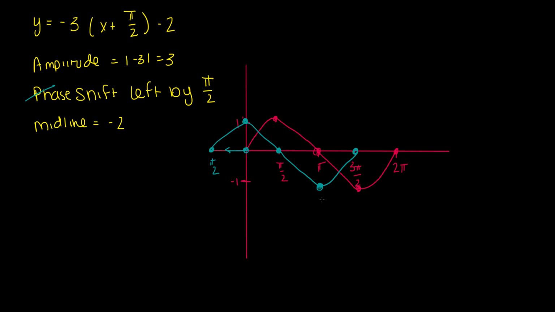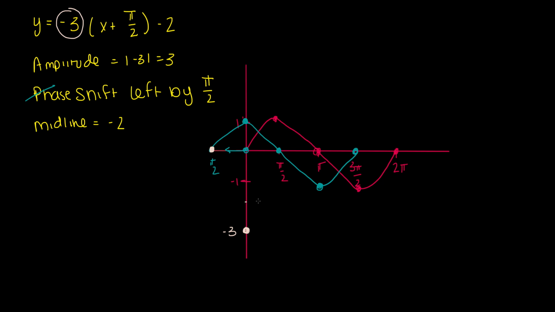And again, we're just going to multiply each one of these points by, and I'm actually going to multiply it by -3, because then that will automatically build that reflection across the x-axis into my graph. So pi over 2 as 0 here, 0 times -3 is still 0. 1 times -3 would be -3.